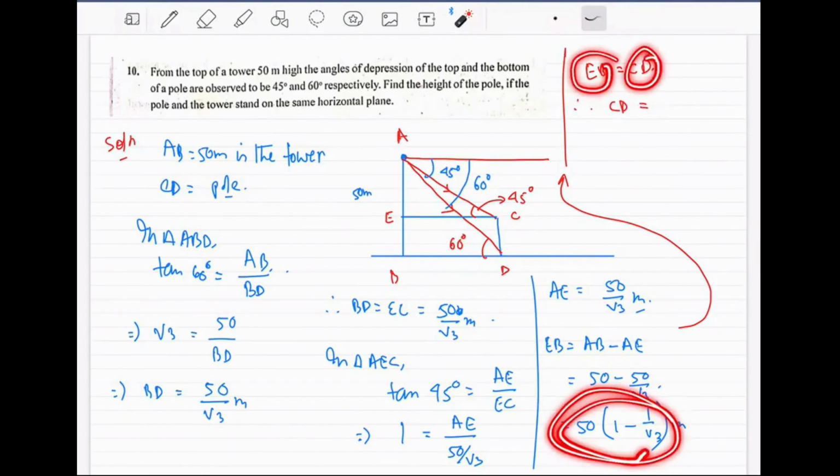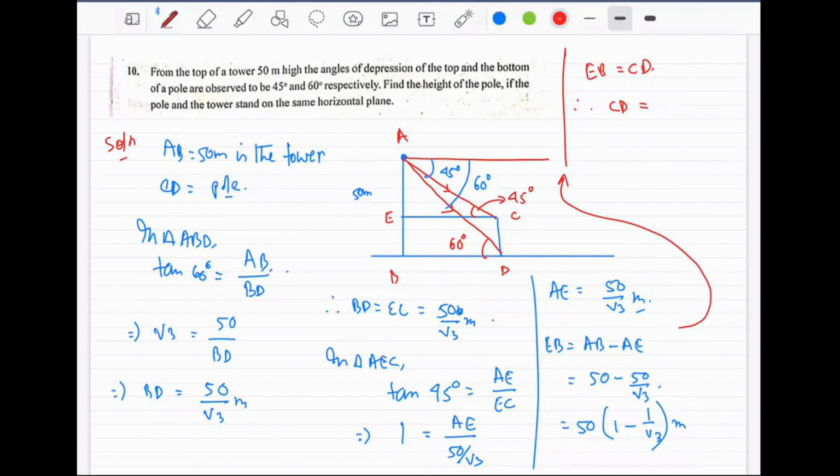That means CD will also be equal to this portion. So you can write here 50 whole bracket 1 minus 1 by root 3 meter. And so you mention here, what is CD actually? CD is the pole, right? So say here, therefore, height of the pole is 50 whole bracket 1 minus 1 by root 3.